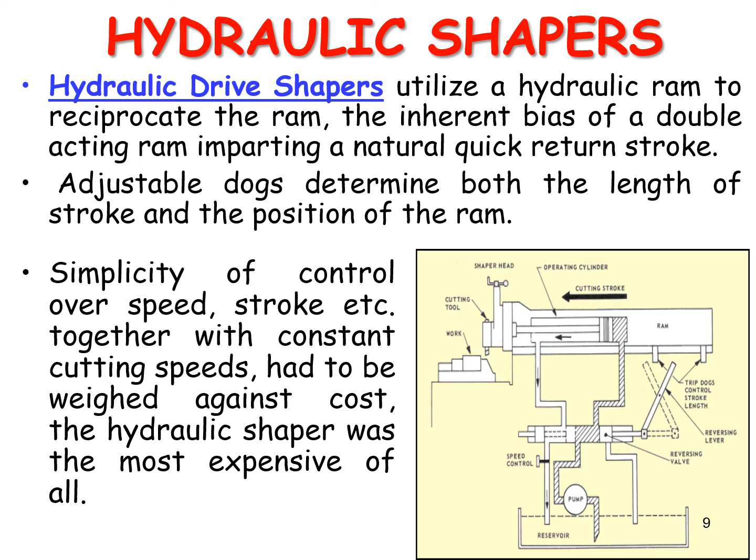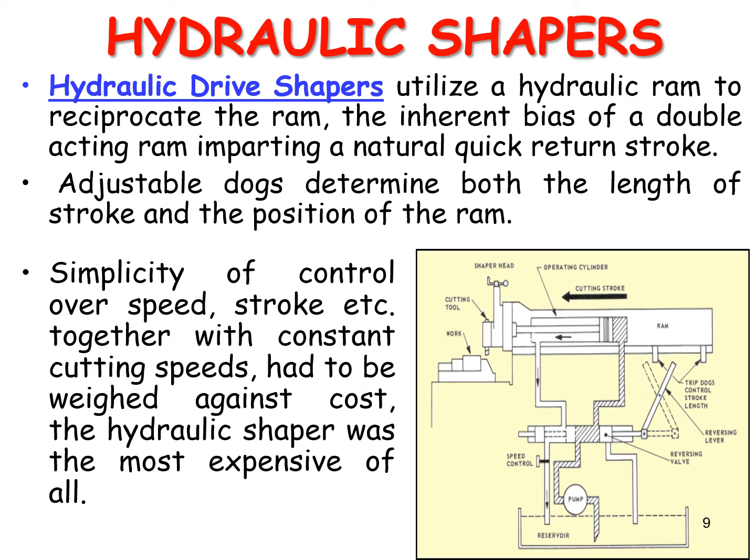Adjustable dogs determine both the length of the stroke and the position of the ram. Simplicity of control over speed and stroke, together with constant cutting speed, had to be weighed against cost. The hydraulic shaper was the most expensive of all.